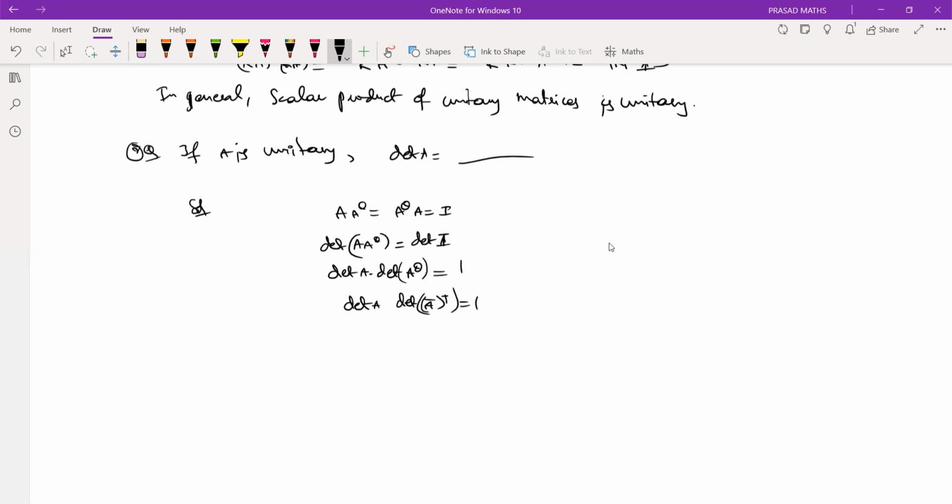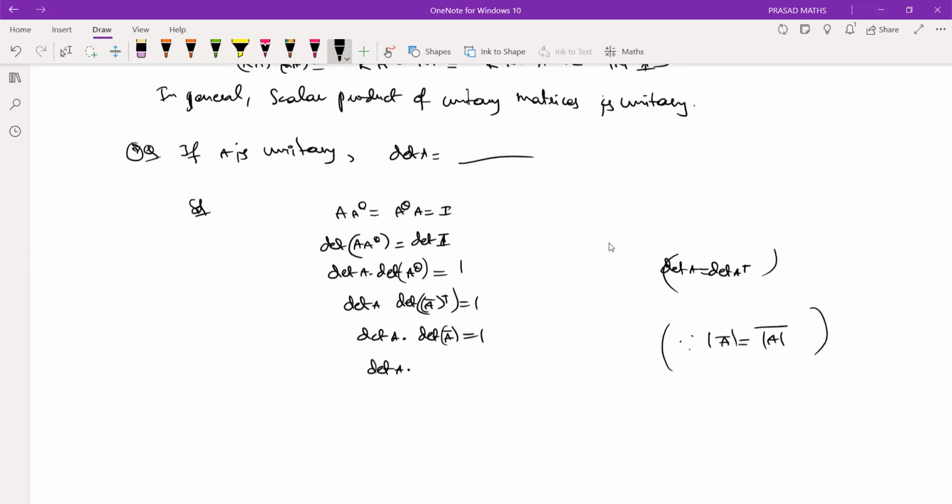So det of A theta is det of A bar transpose, which is det of A bar, since det of A is equal to det of A transpose, which is a property. Det of A bar is det of A whole bar, this is the conjugate.